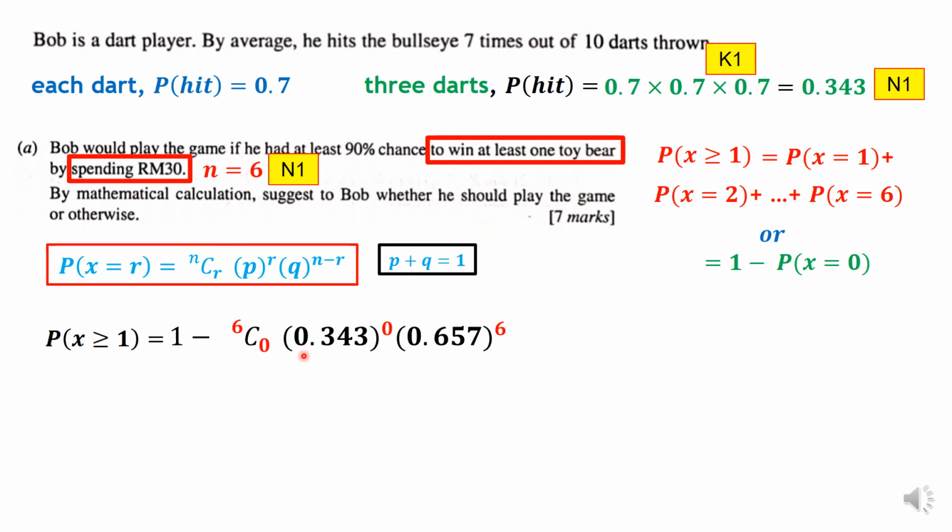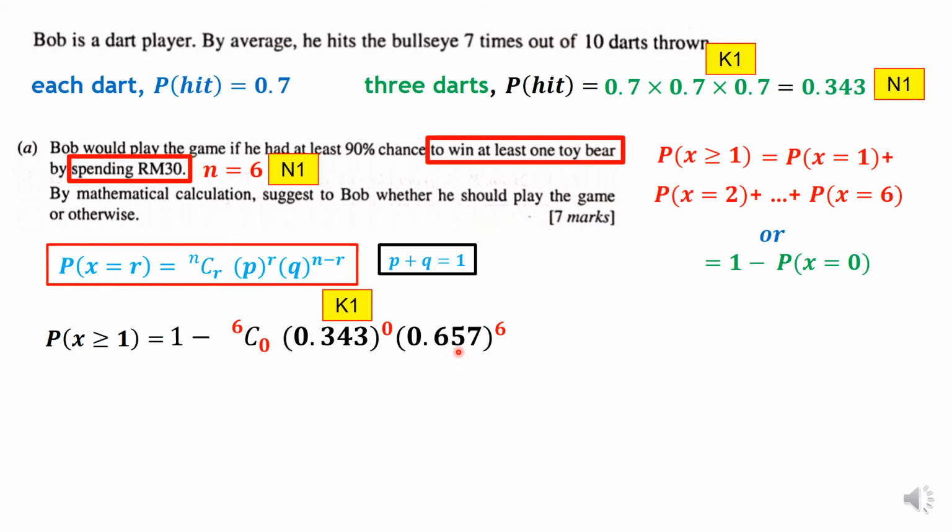Then p is 0.343, I get it from here, the 3 darts. So q, I got it from here, where q equals 1 minus p, to the power of respectively. Right, then this you will get 1 mark. This whole thing, you get 1 mark.